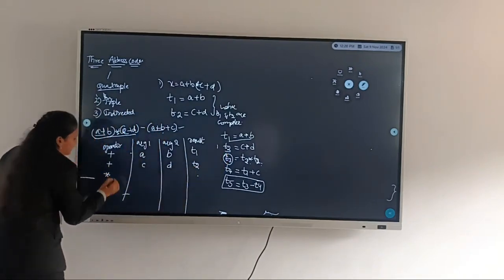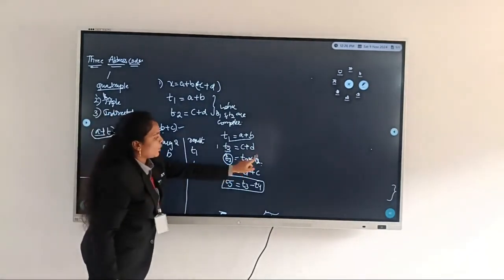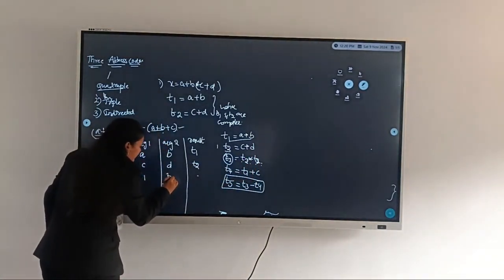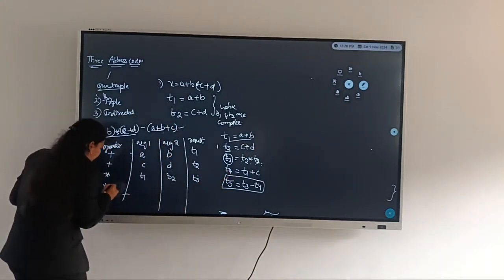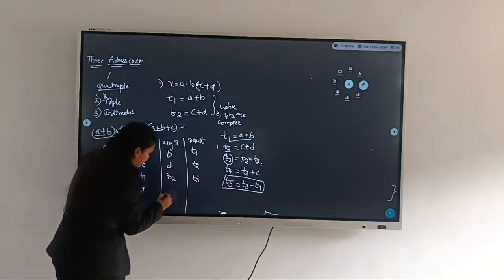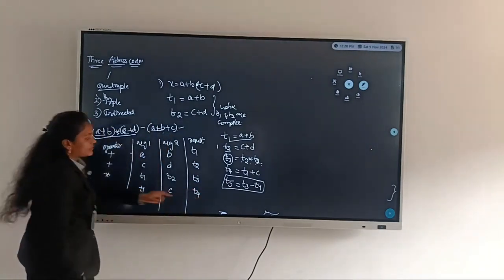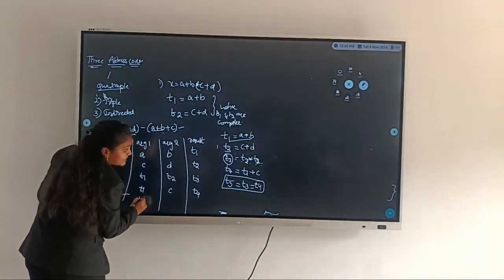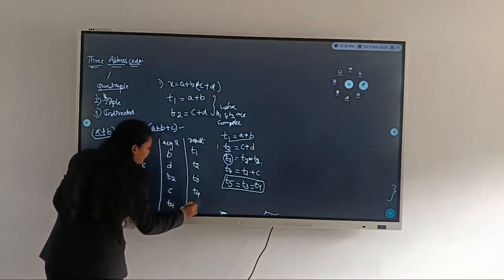Coming to T3, the operator is into, argument 1 is T1, argument 2 is T2, and the result will be T3. Coming to T4, the operator is plus, argument 1 is T1, argument 2 is C, and the result will be T4. Coming to T5, the operator is minus, argument 1 is T3 and argument 2 is T4, and it will be stored in T5.